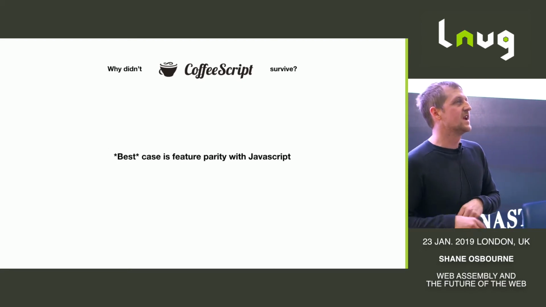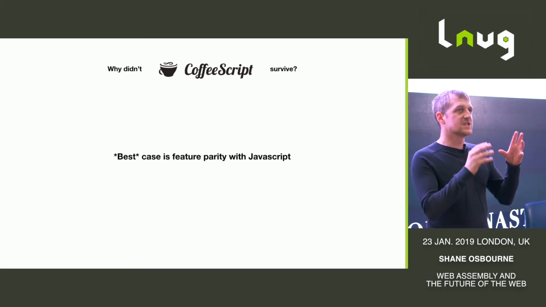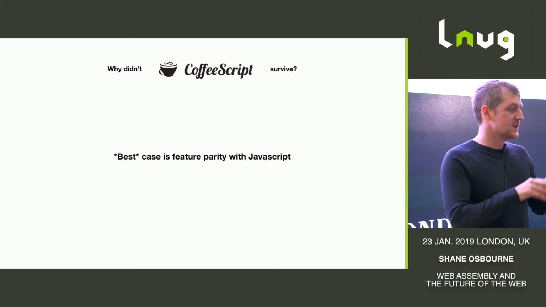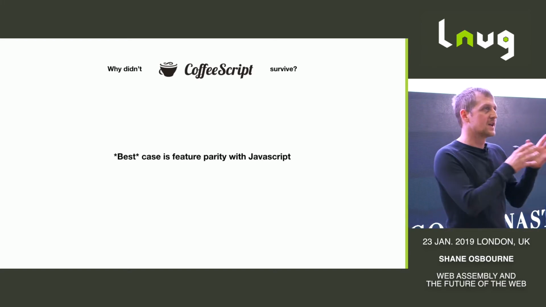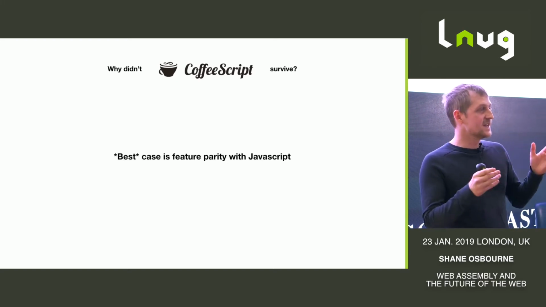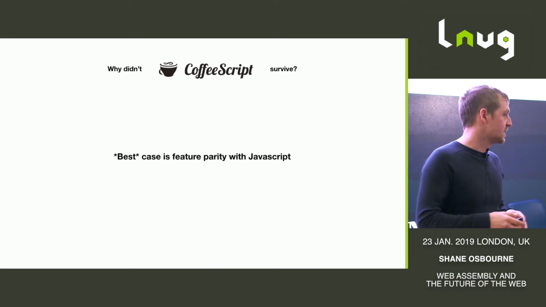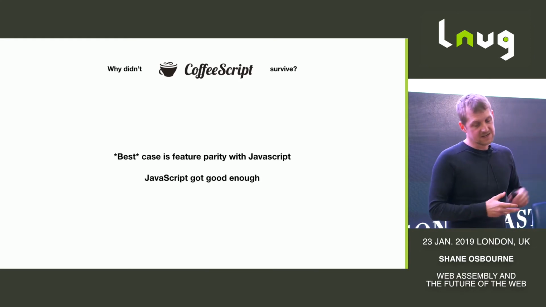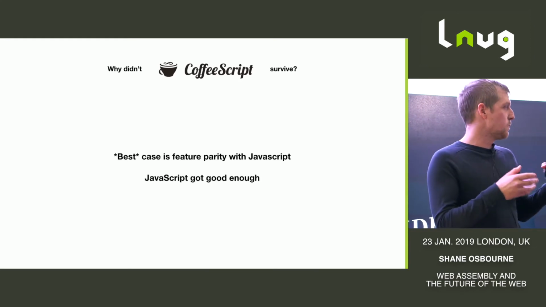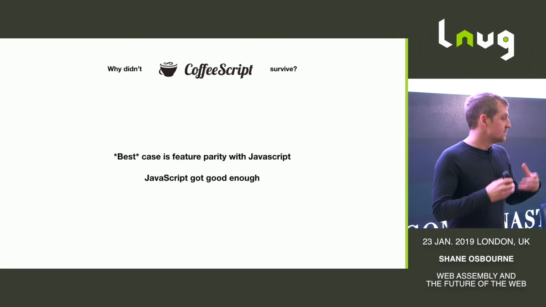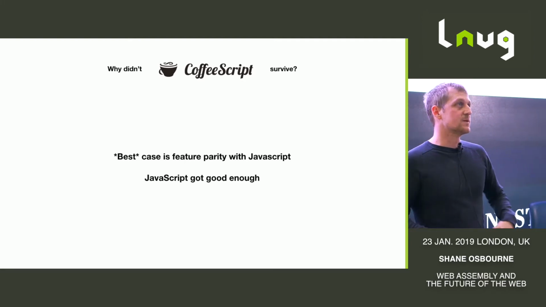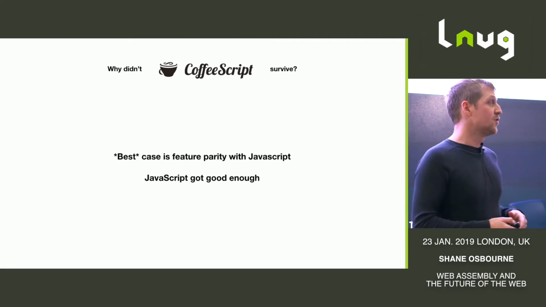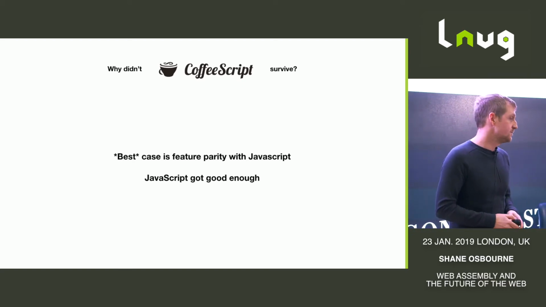So the very best you can get is feature parity. You may get some language features and some nice syntax things from the language that you're compiling from, but at the end of the day, if you're going into JavaScript, that's your baseline. And secondly, in the case of Coffeescript, I think it was just so influential that it inspired JavaScript, and JavaScript just ended up getting good enough to the point where Coffeescript wasn't really relevant anymore.